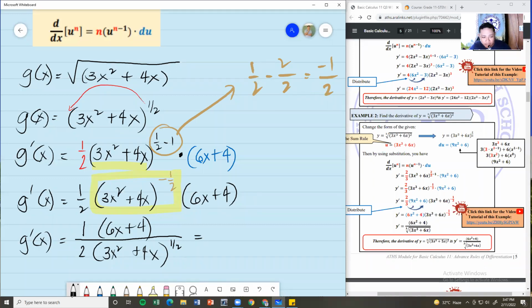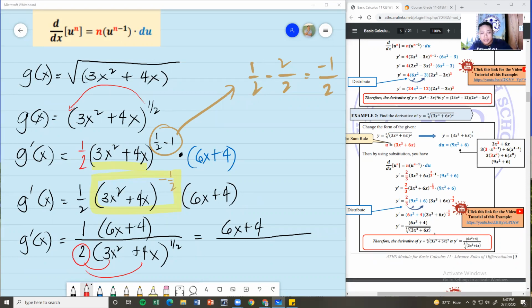And finally, let's just simplify things here. So this will become 1 times 6x plus 4, distributing 1, it's just the same. So we will have here 6x plus 4 over 2. Okay, can you distribute 2 to these terms? Yes or no? Show me a reaction of agreement if it is yes, and a reaction of disagreement if not.